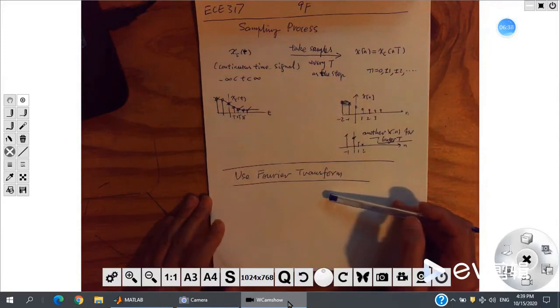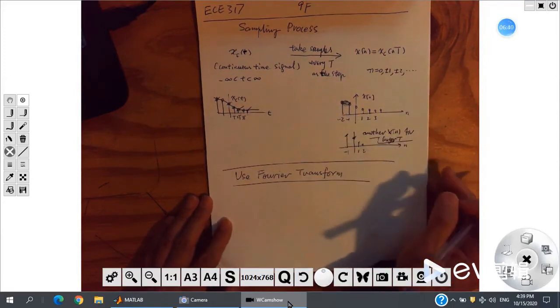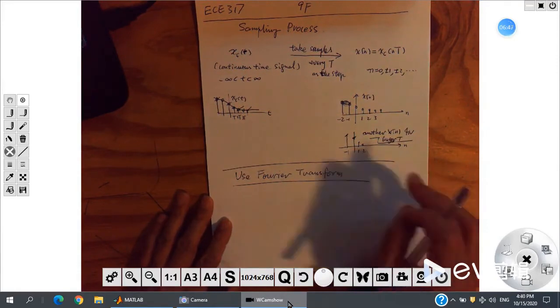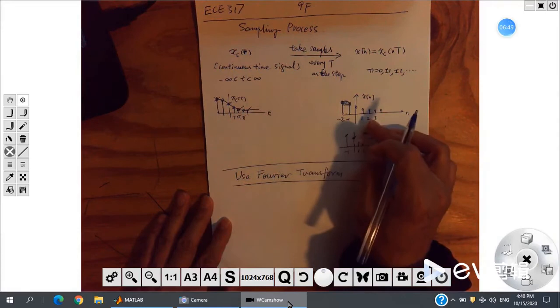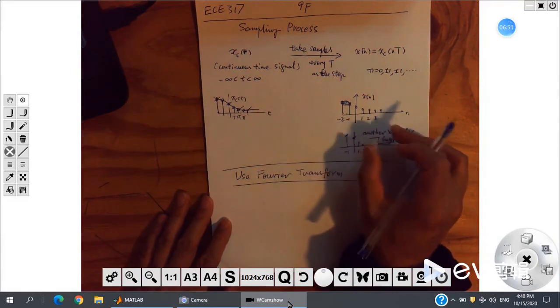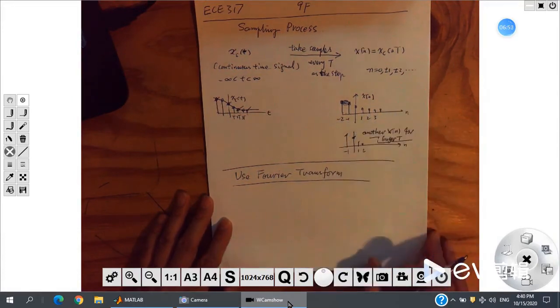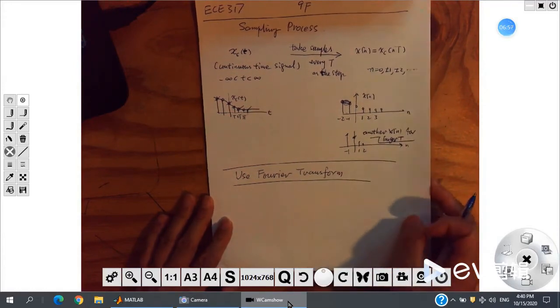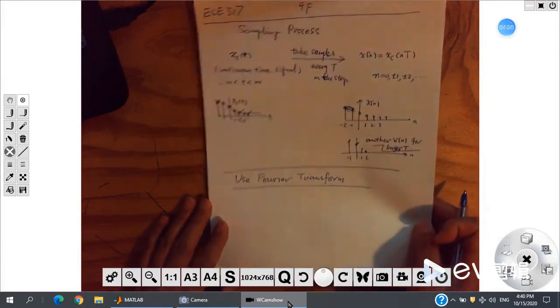When you look at the signal in the frequency domain, we will see we can have more information to help us make a decision on how to choose the samples, how many samples you want to have. This is, you can say, a very beautiful application of the Fourier transform.